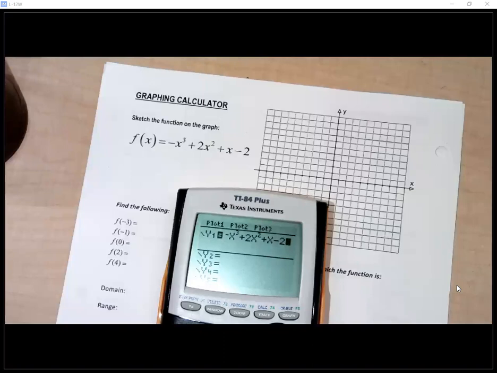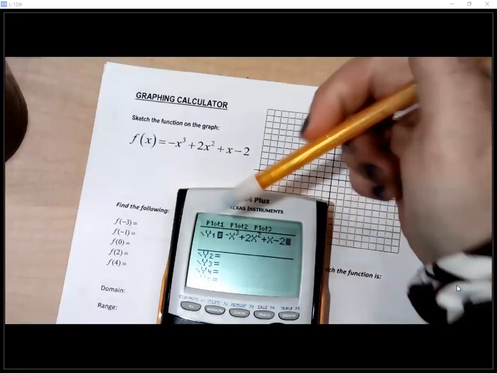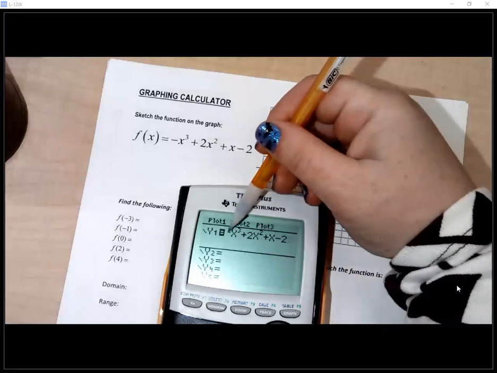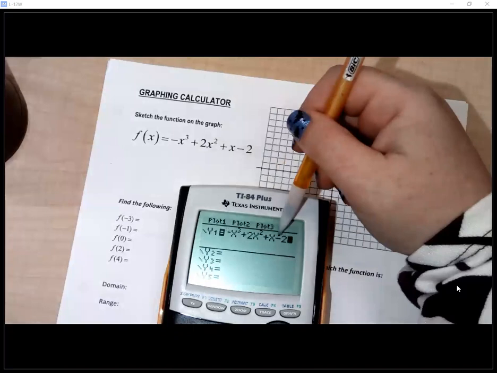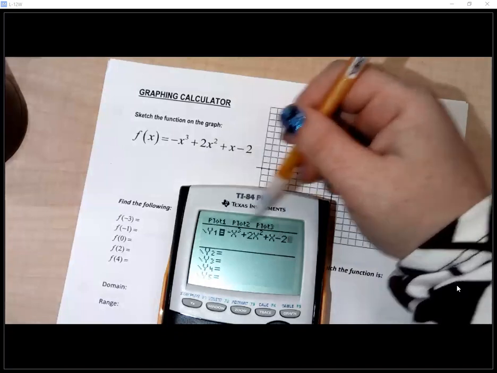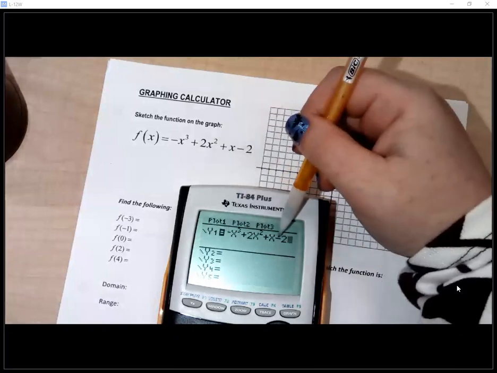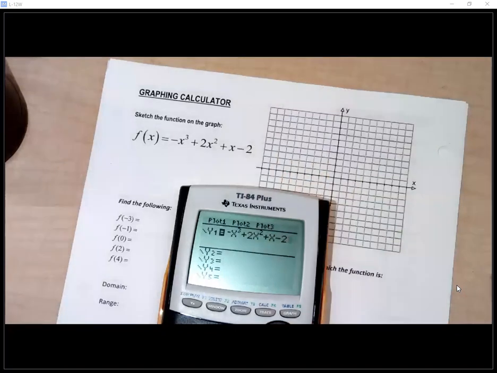Once you have it typed in, if you compare the negative in front of the function with the minus 2 at the end, you can tell that they draw the minus on the screen much bigger and a little bit lower. So negative should be shorter. That's how I know right away if you messed that up or not.